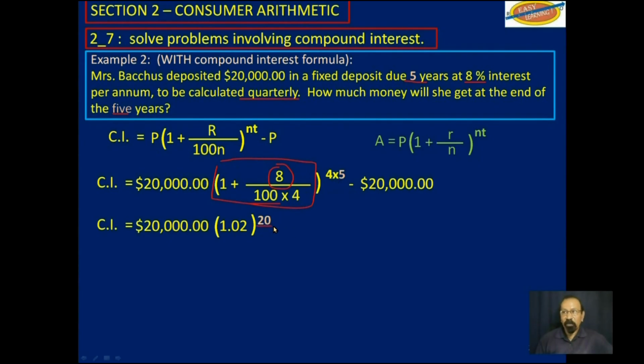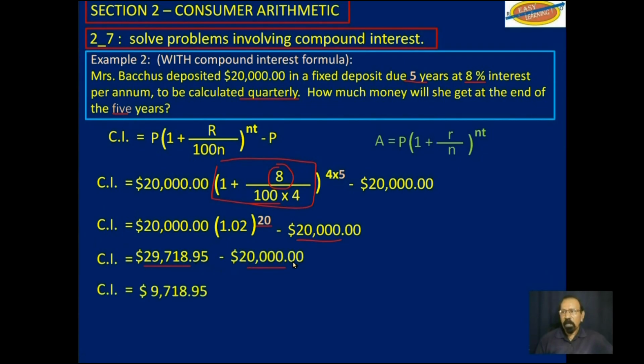That would actually give you the amount, and then you subtract the principal to get the compound interest. That is the amount minus the principal, and you get the compound interest is $9,718.95.